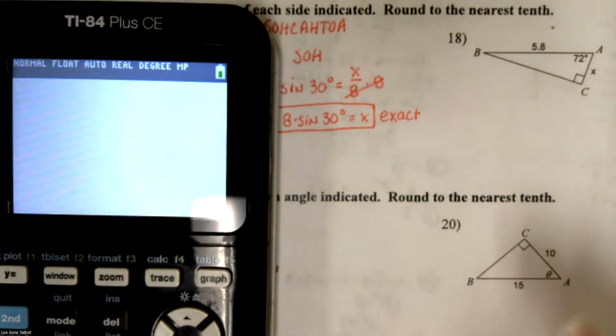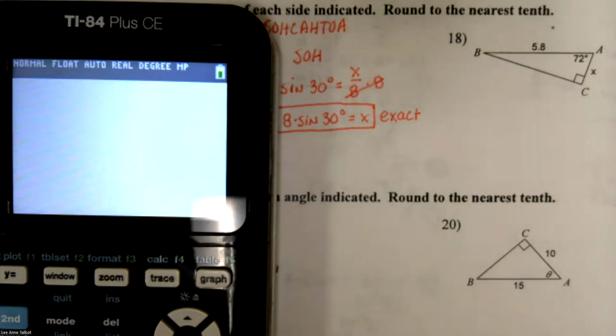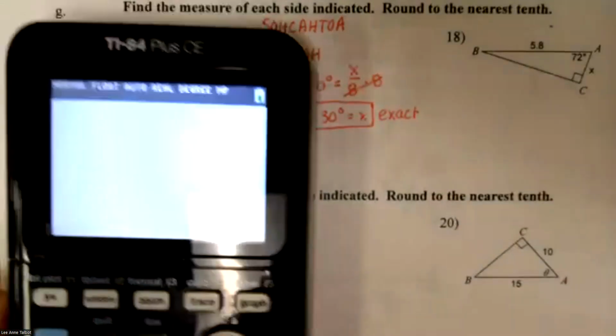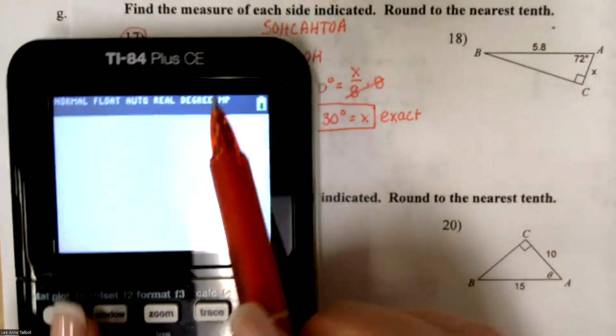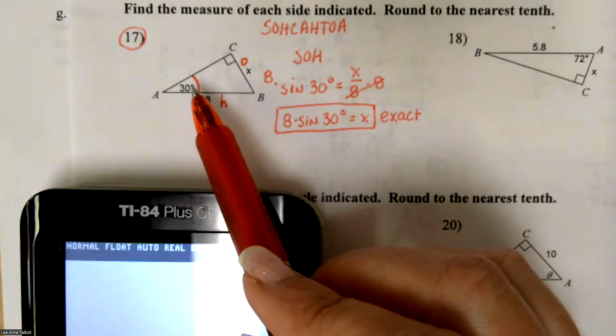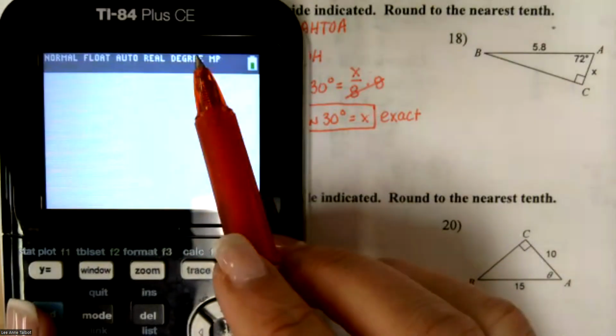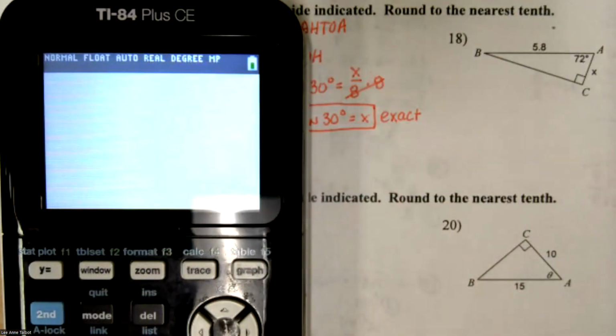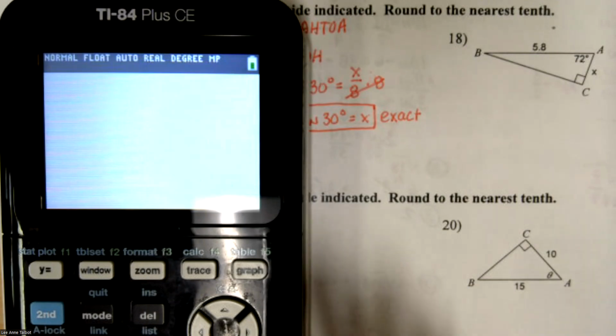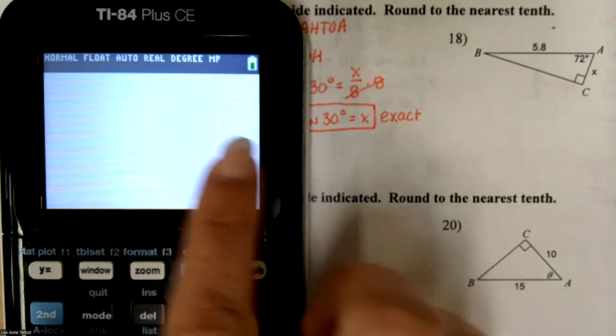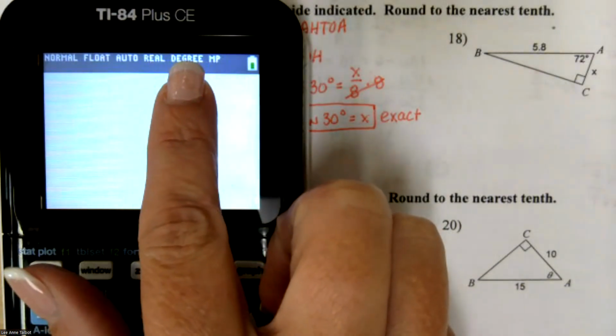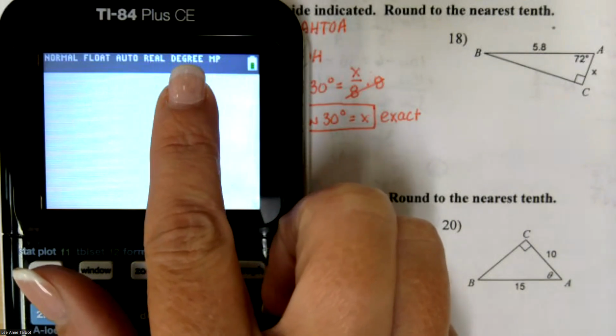Okay, so anybody have a brand new calculator from the manufacturer? You're going to want to check the mode. I want you guys to be in degrees because this problem has a degree symbol in it. You want to make sure that your calculator is not in radians. Hold on, one second. Wait for me. First of all, you can check up here. If you have an older calculator, it won't say it. That's okay, it doesn't matter.